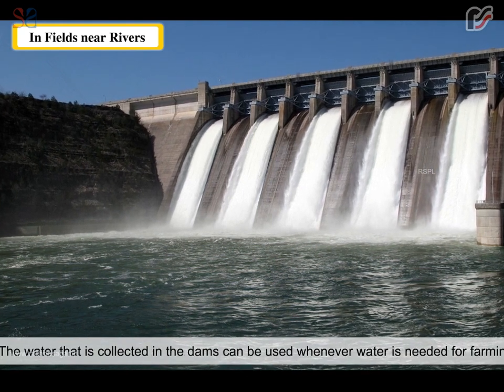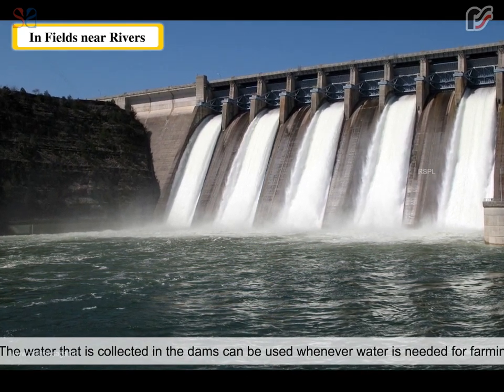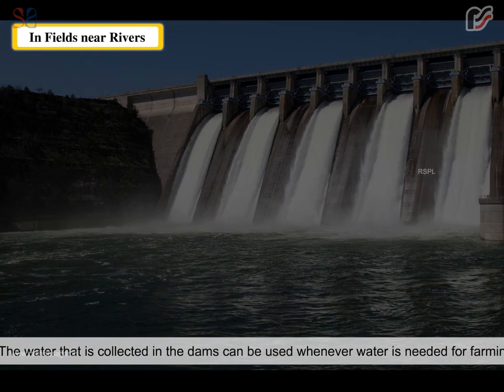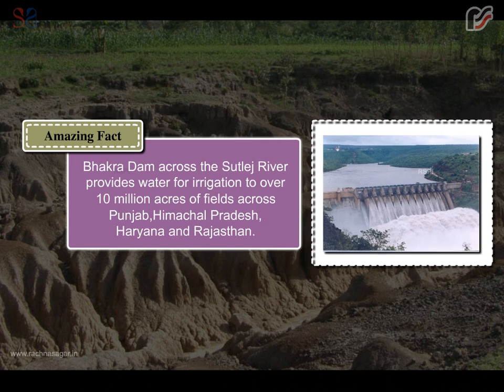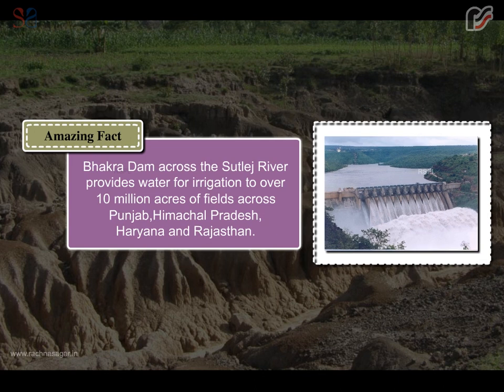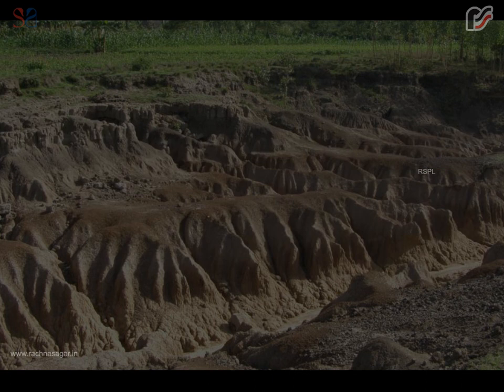The water that is collected in the dams can be used whenever water is needed for farming and to generate electricity. Amazing fact! Bhakhra Dam across the Satluj River provides water for irrigation to over 10 million acres of fields across Punjab, Himachal Pradesh, Haryana and Rajasthan.